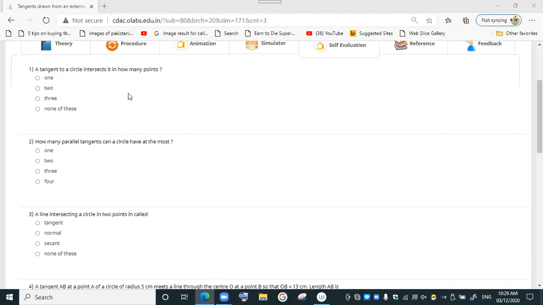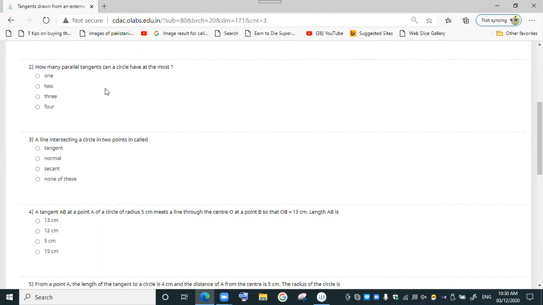Anyone can give the answer. Infinite, sir. No. A tangent and a circle intersect at infinity? No, how does it intersect at infinity? It intersects at 1 point. Oh yeah, yes, one. I read the question wrong.